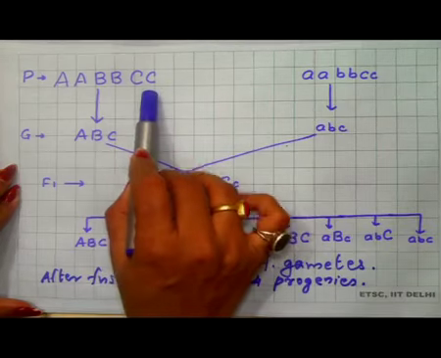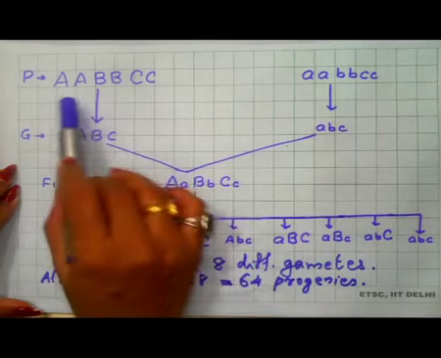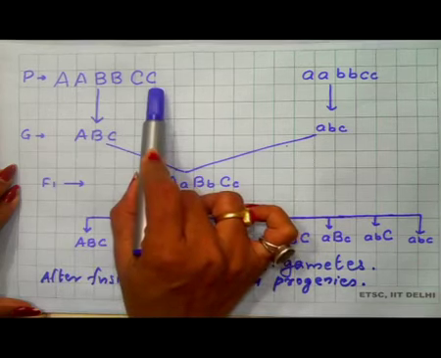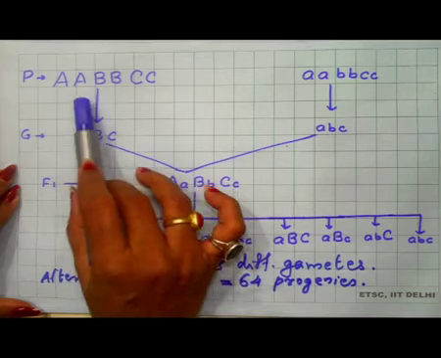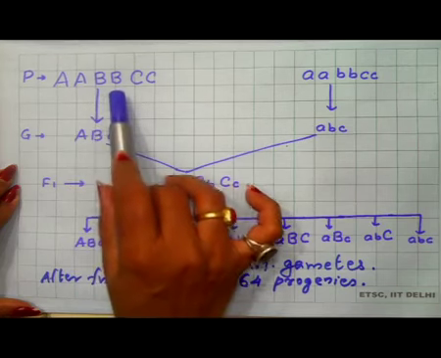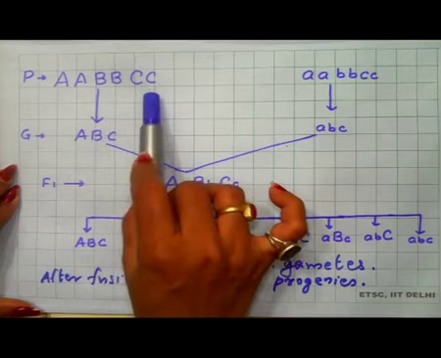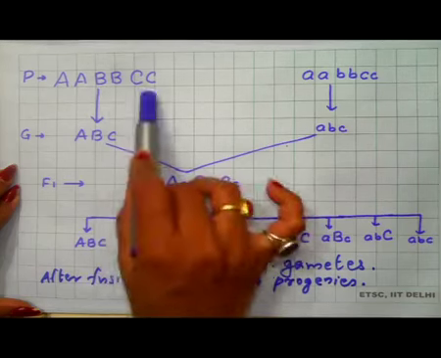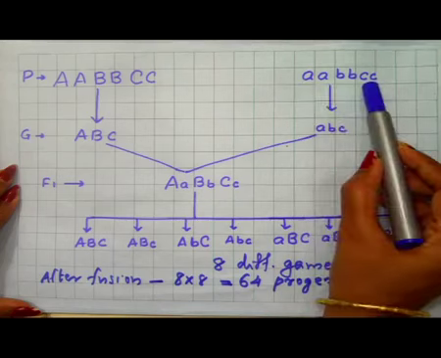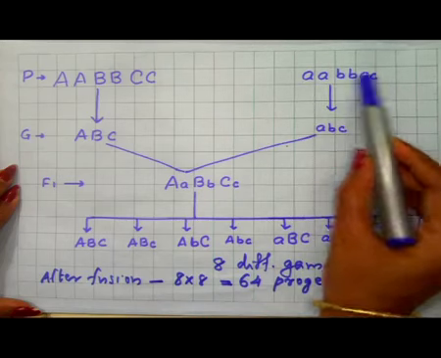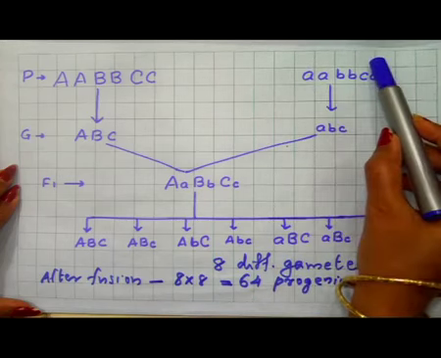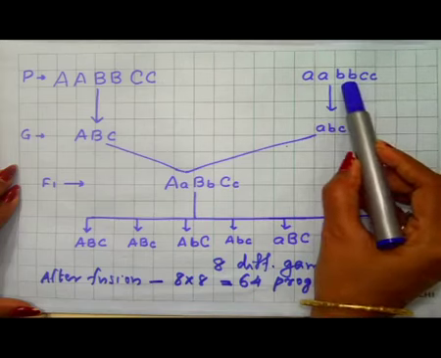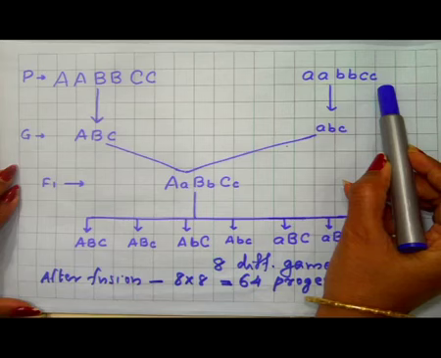The darkest phenotype is represented by 3 separate pairs of dominant genes as AA, BB and CC, dominant alleles, dominant genes. Here it is recessive genes, the pure whitest form or albino, small a, small b, small c in pairs.